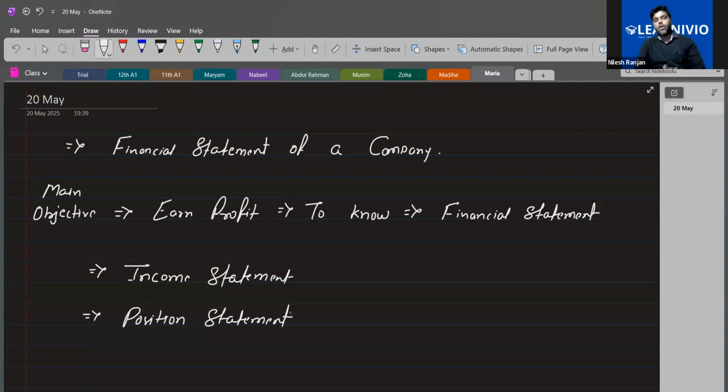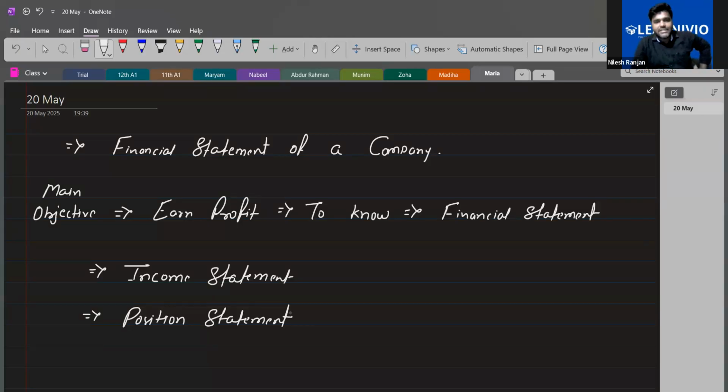So the main objective is to earn profit, and to know that we are earning profit or not, we are preparing financial statement. Same as any student who is studying the whole year wants to know how his performance is during the year. So for that purpose, there is examination, and after examination, there is result.